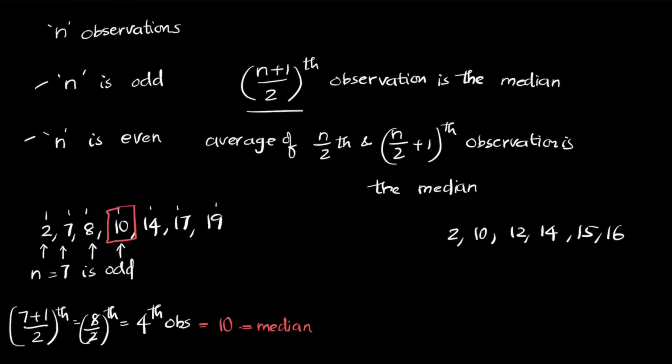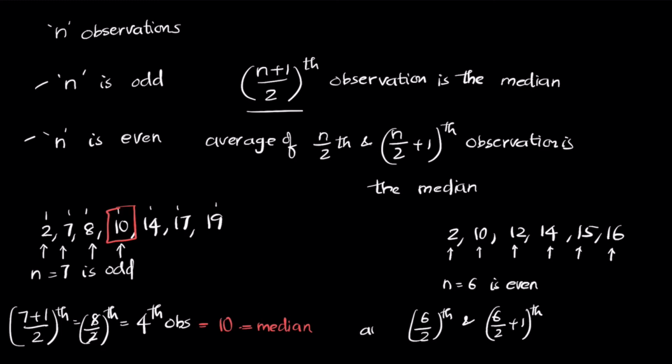Now let's look at the median when you have an even number. So you have 1, 2, 3, 4, 5, 6. In this you have n equal to 6, which is even. When it is even, it's the n by 2 and n by 2 plus 1th observation. There is a total of 6, so n by 2 is 6 by 2, and 6 by 2 plus 1, averaged.